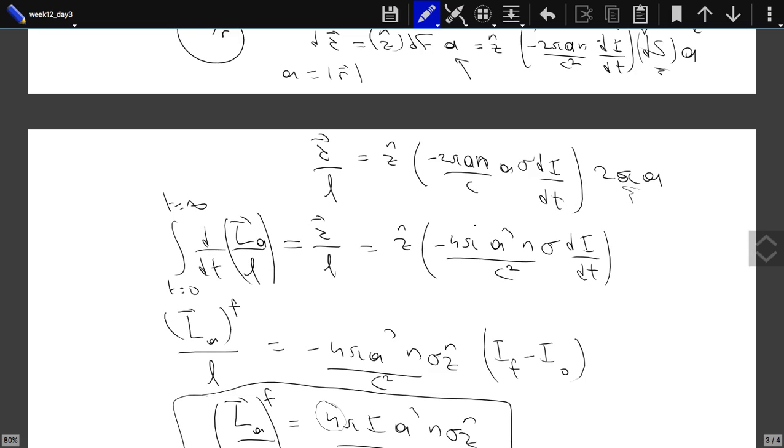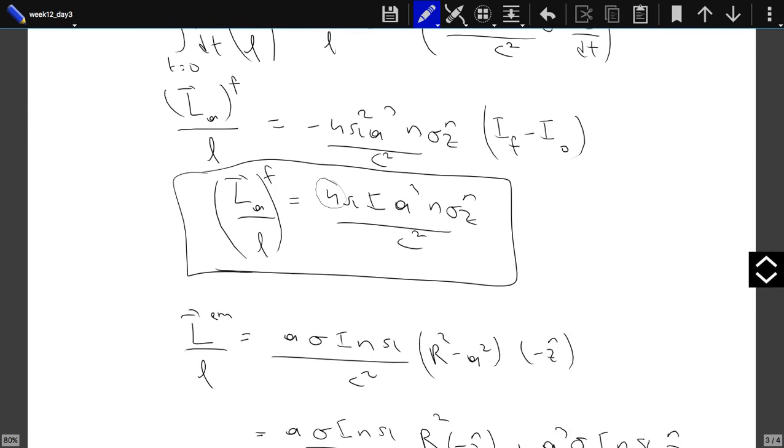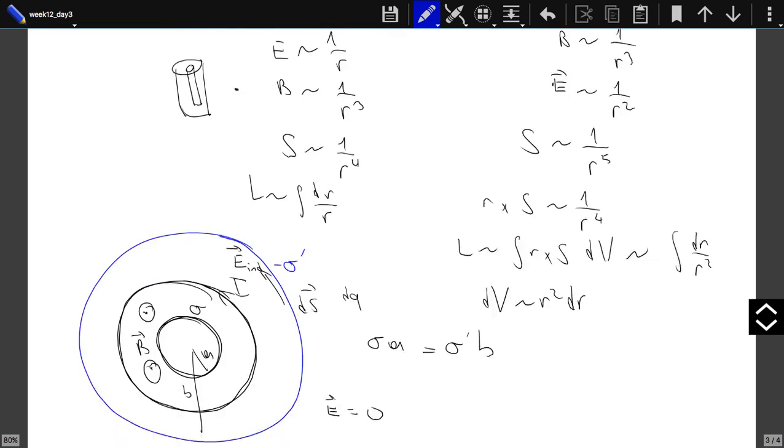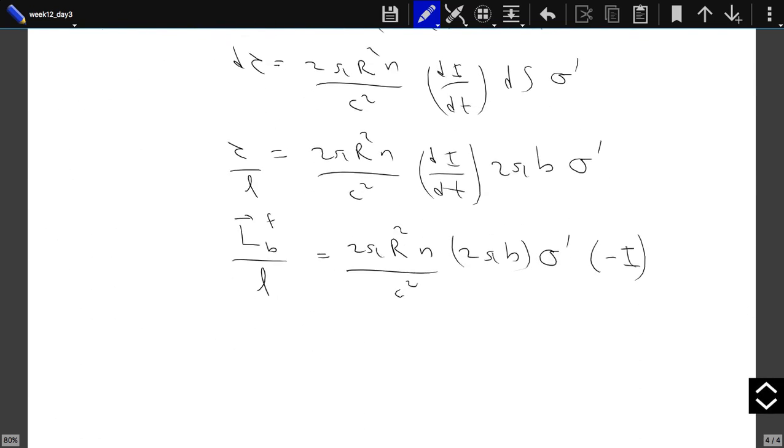Nothing. So that's pi squared, right? So this is pi squared, this is pi squared. So this is in the minus z hat direction.